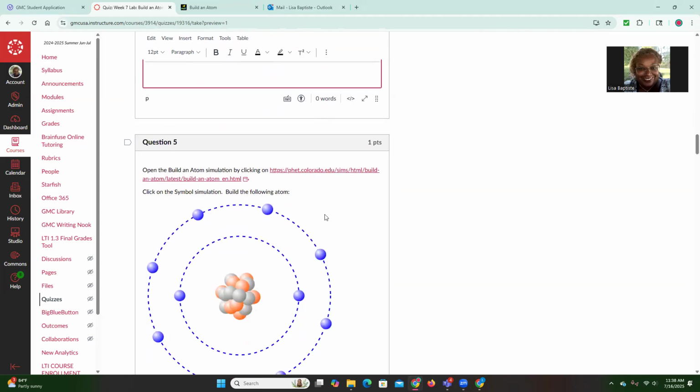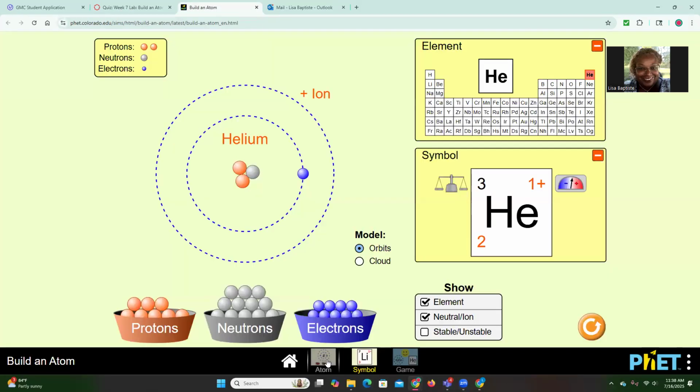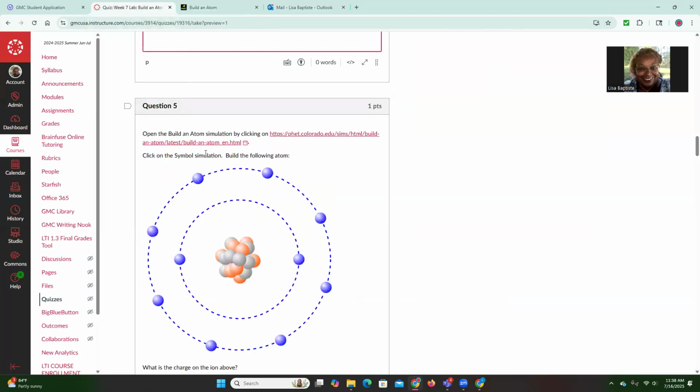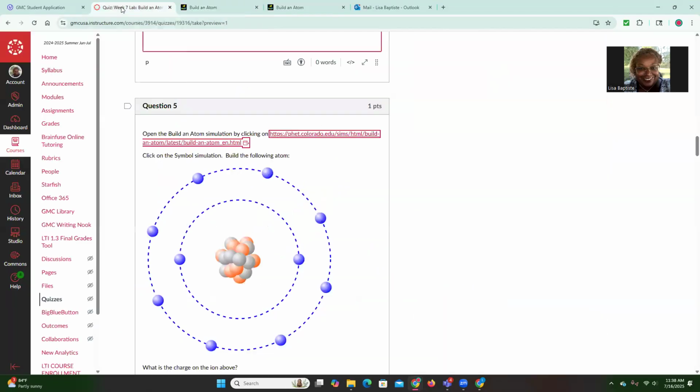Now we get to the build an atom simulation. So we're going to go there, or you can right click on there. Actually, we're still looking at the symbol simulation, so I was incorrect on that one.